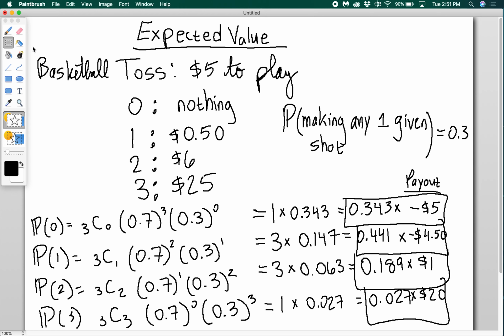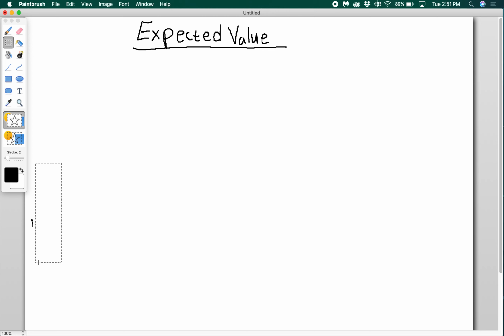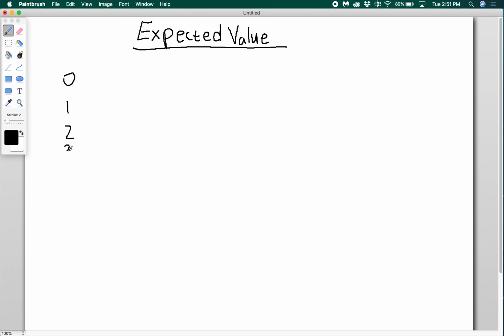When I do all of that, what I end up getting is, for 0, 1, 2, and 3, negative $1 and we'll say 715 cents. You can't really have that, but whatever. Negative 1.9845.